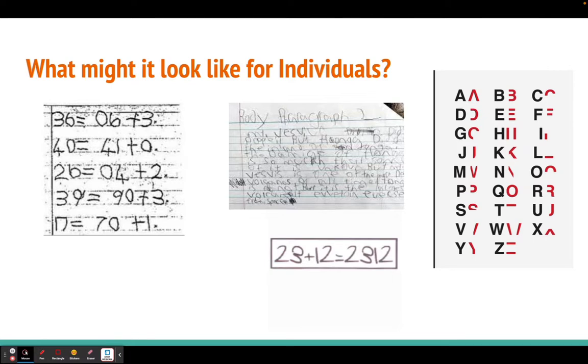The middle bottom is also kind of that. You can see that, right? 23 plus 12, that kind of example. And in the very middle top is dysgraphia, which is a harder time writing out letters and words, maybe handwriting, just keeping that good. And on the right is what one form of dyslexia can look like.